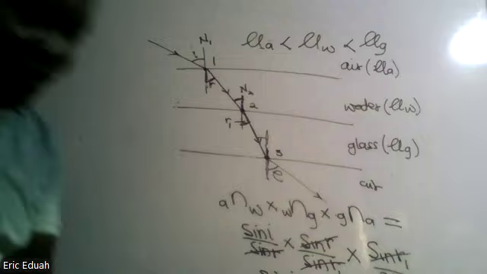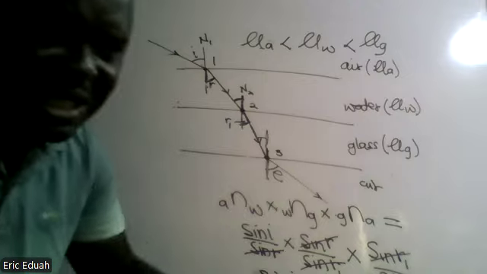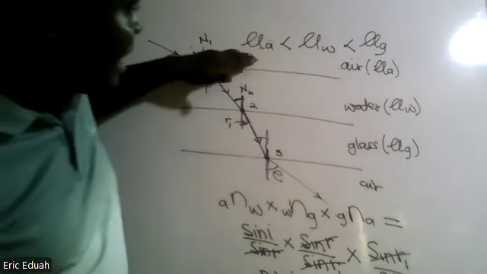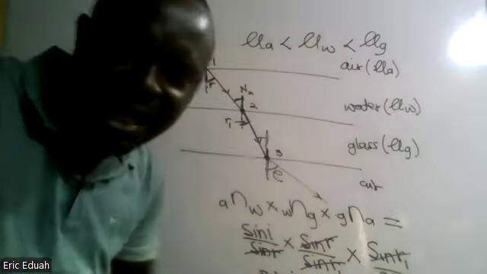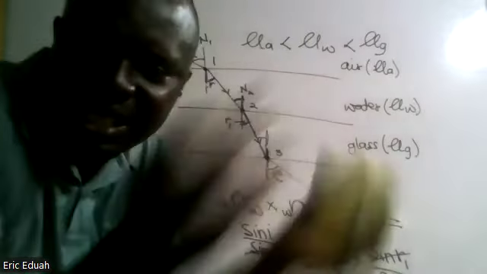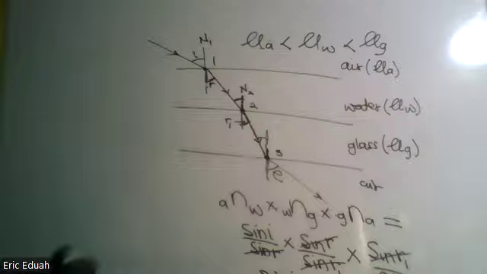The refractive indices must be in a certain order, either decreasing or increasing, meaning that when you mix it, the rule will not work.